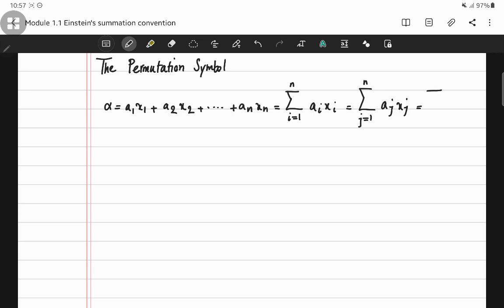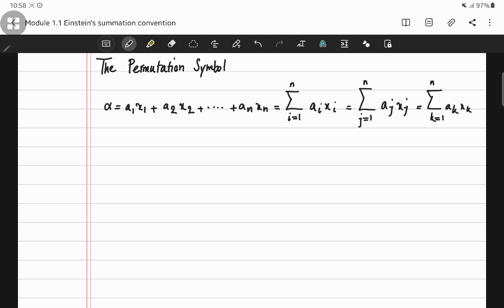For example, you can rewrite this as ak xk, k varies from 1 to n, of course. And you will see that there is no major difference between all these expressions, despite the fact that their subscripts are different.